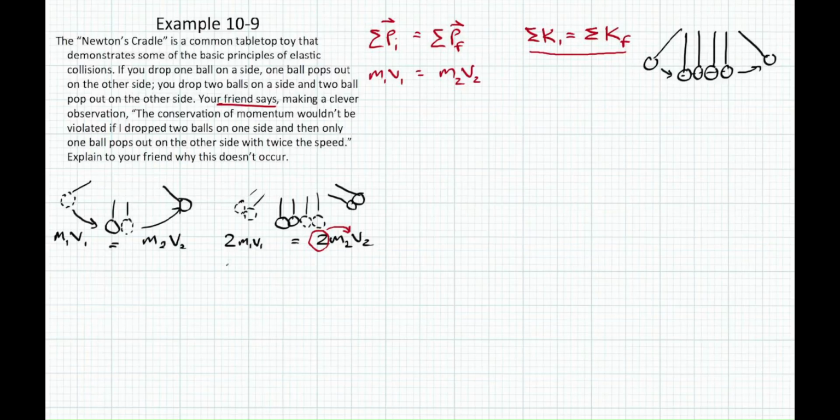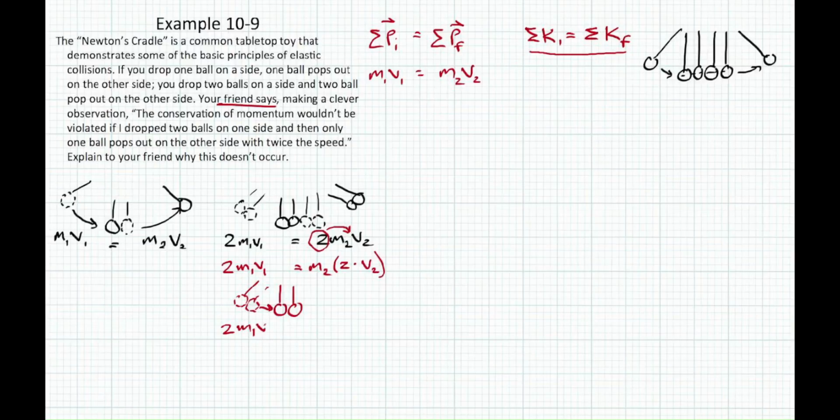Because after all, if we did this, 2m1 v1 equals m2 times 2 v2, that's still a balanced equation, isn't it? That's still balanced. So he or she is saying, well, look, that's balanced, so how come you can't do this? How come you can't pull 2 masses out and have them swing down.